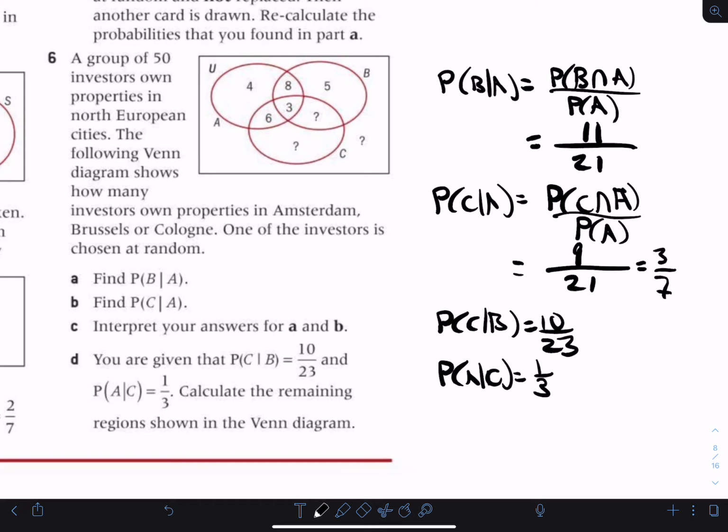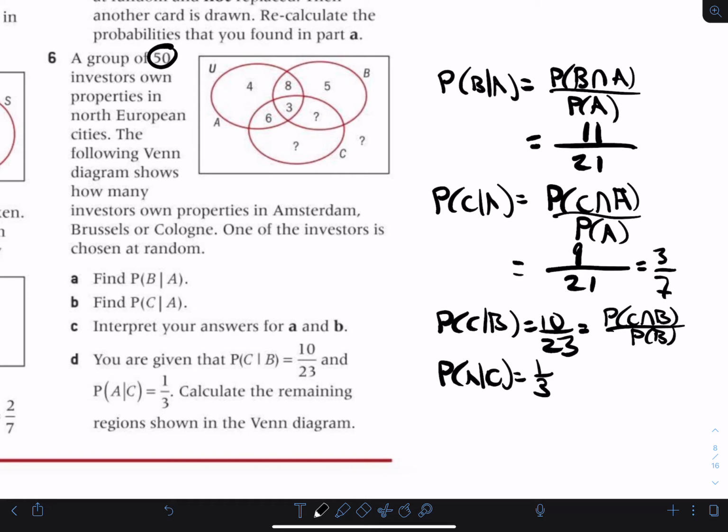Okay. And we do know this too, it's a good piece of information. It all has to add up to 50 if we got all the pieces there. Well, what you can do is use the formula. So this is the probability of C and B, given the probability of B.